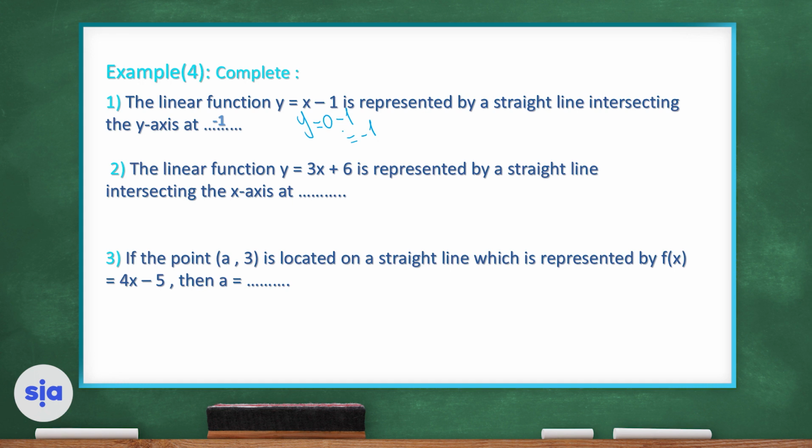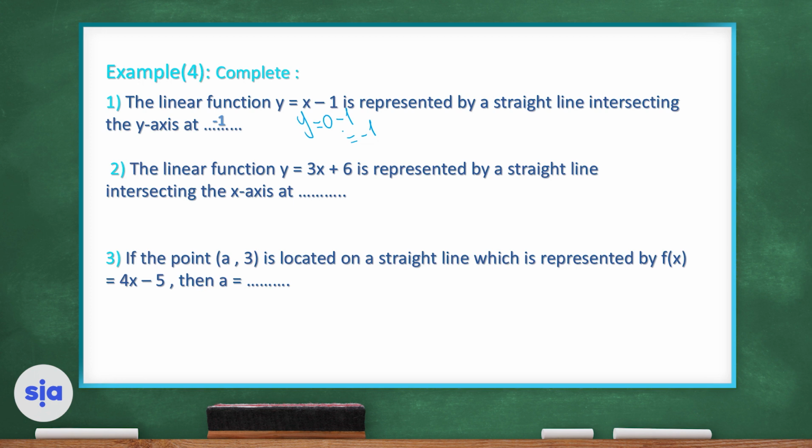Question 2: the linear function y equals 3x plus 6 is represented by a straight line intersecting the x-axis at. We said it before, intersecting the x-axis means what? It means y equals 0. Intersecting the x-axis, y equals 0. Intersecting the y-axis, x equals 0.